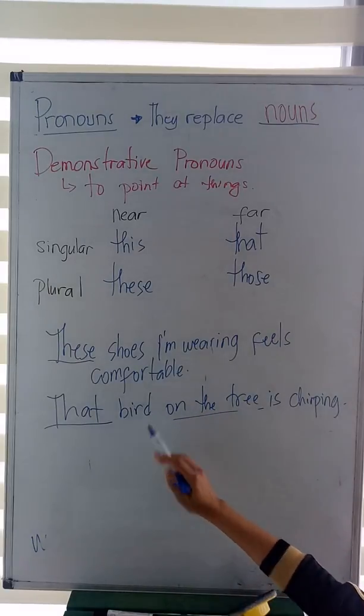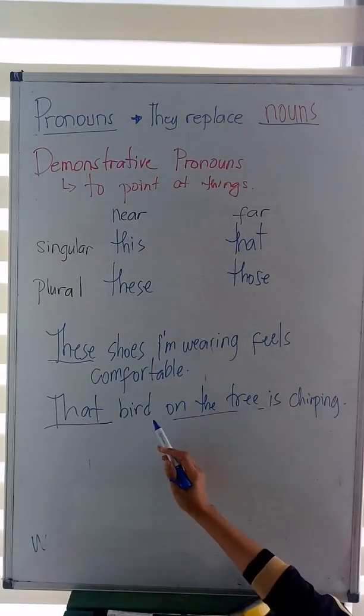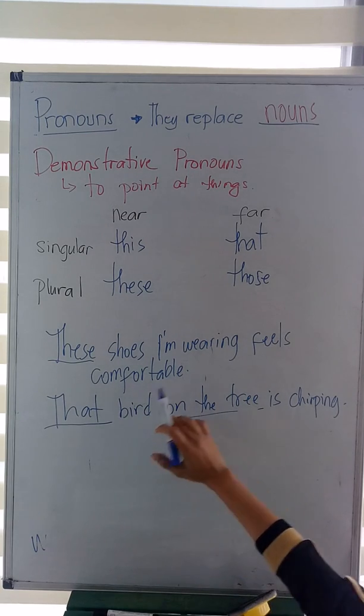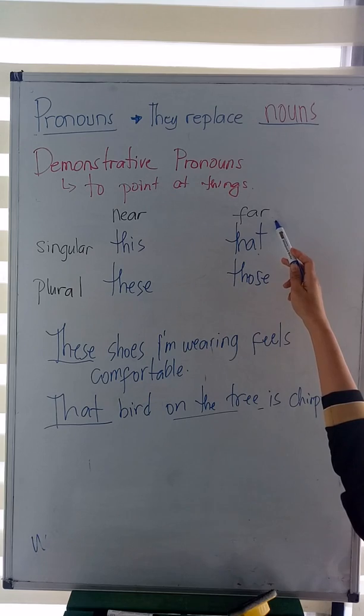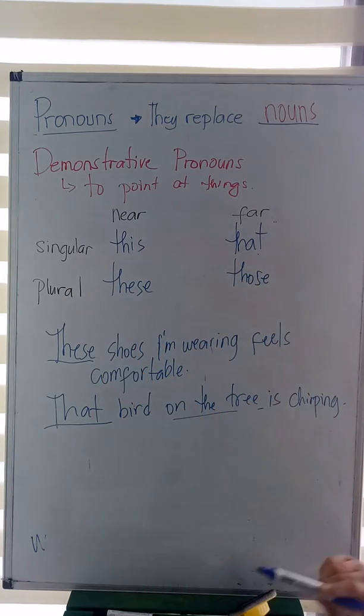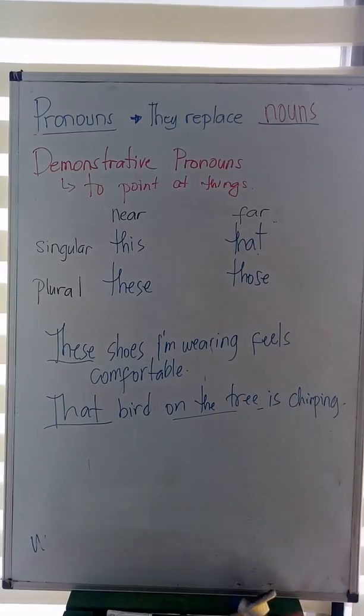And there's only one bird. It's not birds, it's only a singular bird. That's why we use the demonstrative pronoun that, because it's at a distance, it's far, and it's also singular. All right, so you have to understand the sentence in order for you to know which demonstrative pronoun you need to use. Okay?